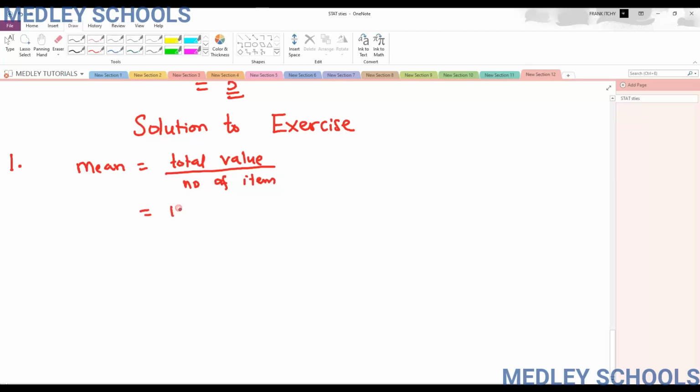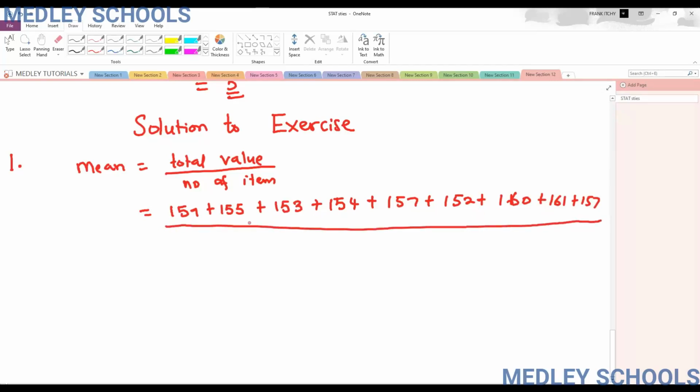So we have 159 plus 155 plus 153 plus 154 plus 157 plus 152 plus 160 plus 161 plus 157, and everything when you count is 1, 2, 3, 4, 5, 6, 7, 8, 9. So when you add together, you have 1408 divided by 9, and that answer is 156.4 centimeters. Now that means the mean height is 156.4 centimeters.